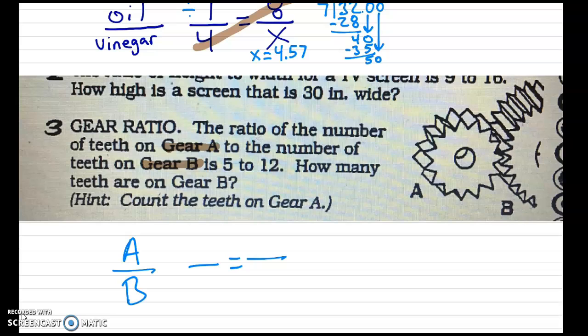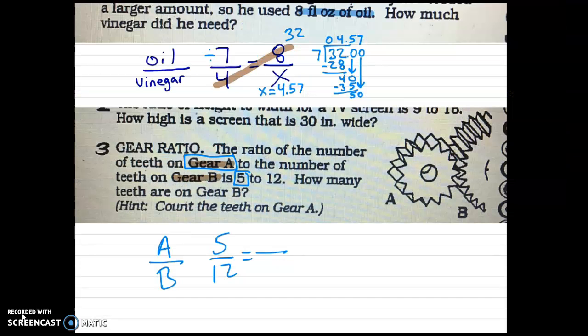So it says A to B is 5 to 12. A came first, 5 came first. A to B, 5 to 12. So A is 5 and B is 12. So how many teeth are on gear B?